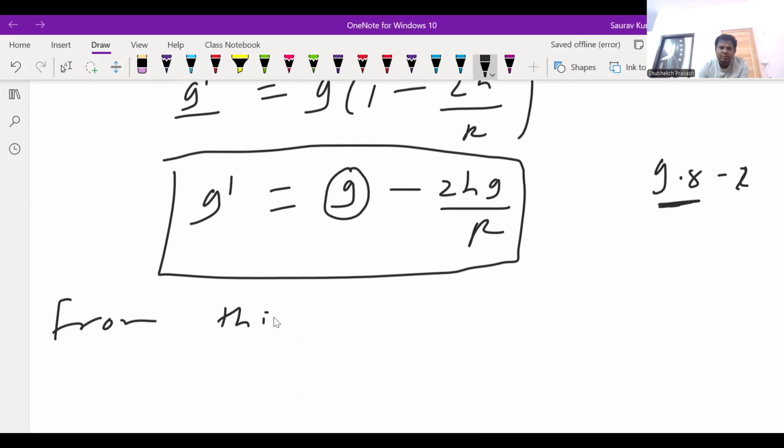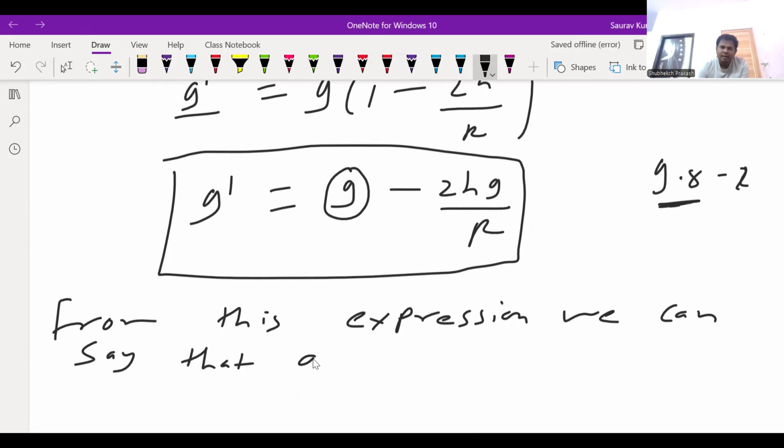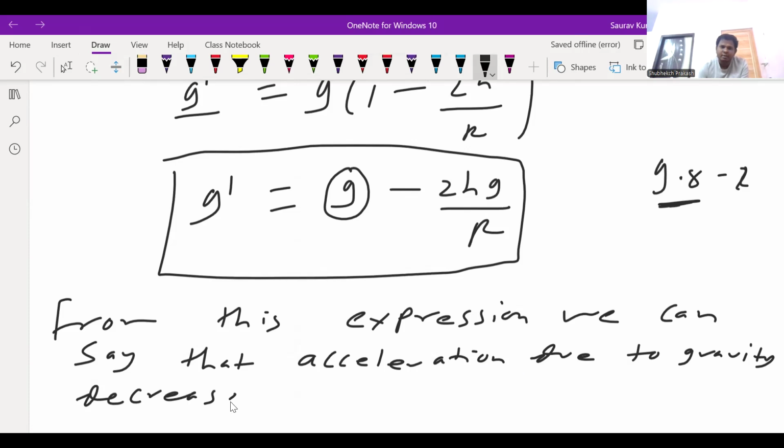From this expression we can say that acceleration due to gravity decreases above the Earth's surface.